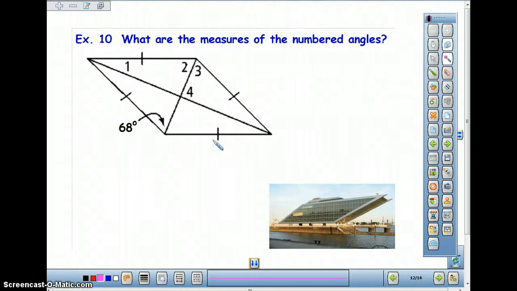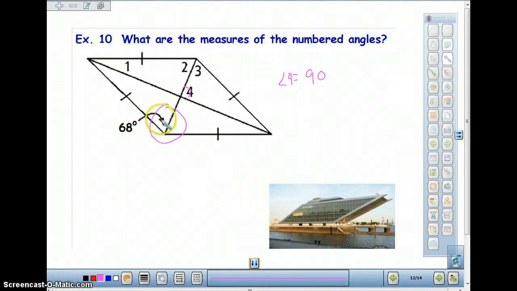Okay, this one gets a little bit more complicated. Okay, we have all 4 sides congruent, so we know that it's a rhombus. Okay, so therefore if it's a rhombus, angle 4 is going to be 90 degrees. Okay, that one's the easy one. We know that this angle is 68, so the whole angle is going to be 68 times 2, which is 136.